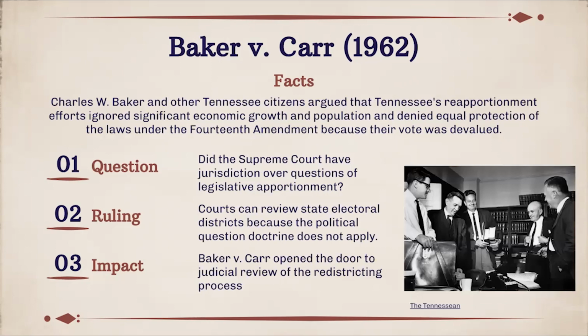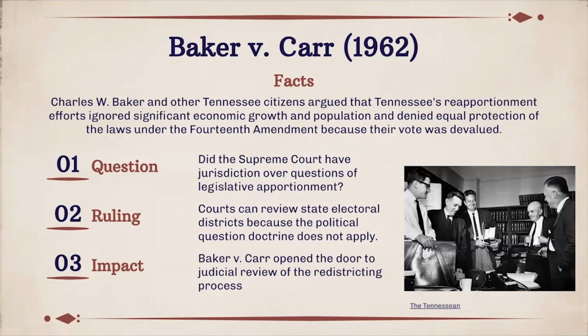The next case, Baker v. Carr, 1962. In this case, Charles Baker and other Tennessee citizens alleged that a 1901 law designed to apportion the seats for the state's General Assembly had been ignored.